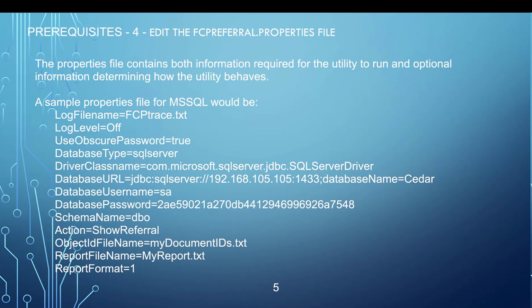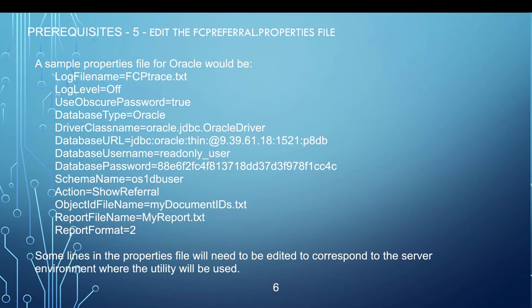The properties file contains both information required for the utility to run and optional information determining how the utility behaves. A sample properties file for SQL Server will look like this, and for Oracle it will look like this.